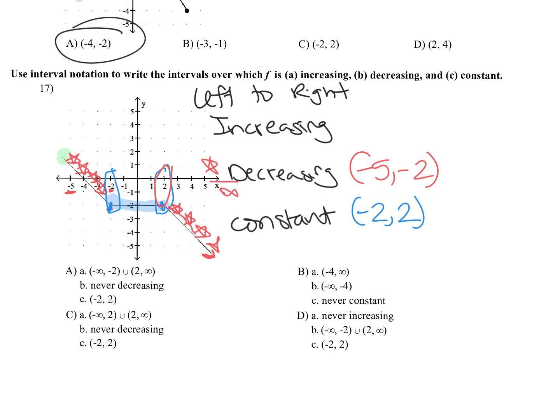It's decreasing all the way down, all right? So I'm going to put a U here, and it would be from 2 to infinity. It's not increasing at all. It's never increasing. If you were on that graph from left to right, you would never increase. Okay, so that one, if I match it up, is going to be letter D.